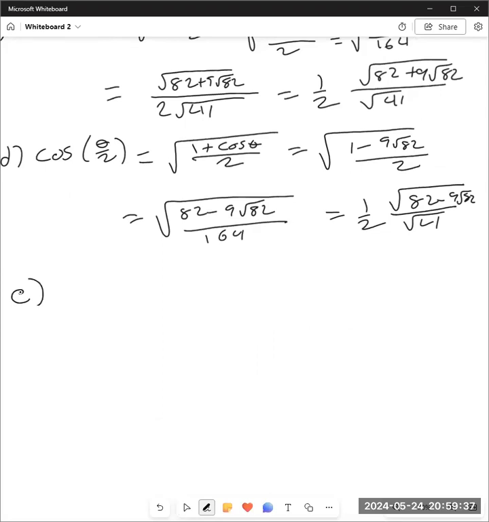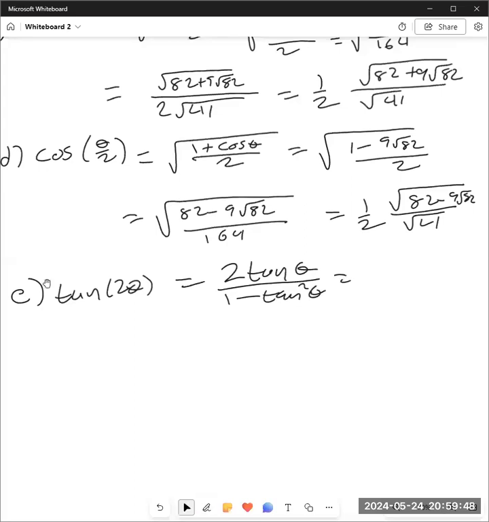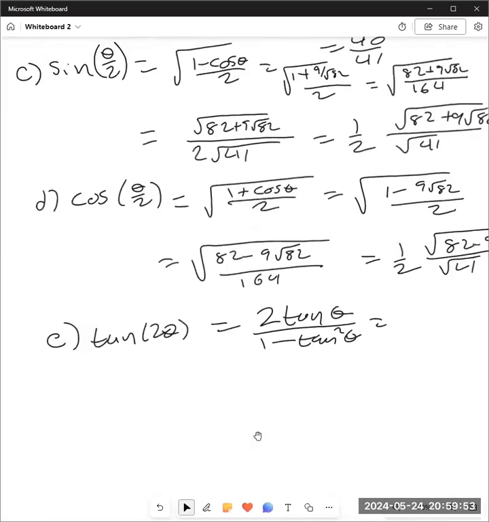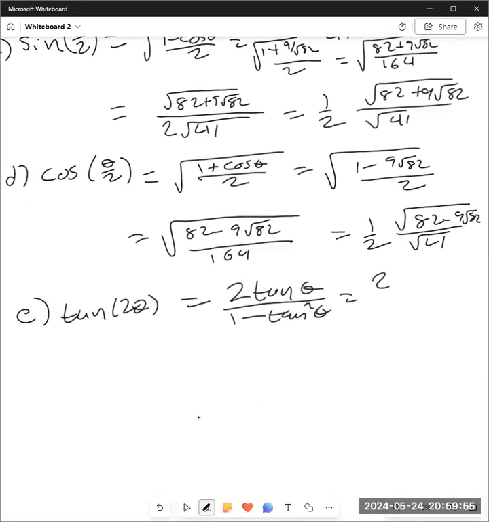Let's get E here, which is tan 2 theta, which is 2 tan theta over 1 minus tan squared theta. Tan theta we found to be negative 1/9. So 2 times negative 1/9 over 1 minus negative 1/9 squared is negative 2 over 9 over, and then this is going to be minus 1 over 81.